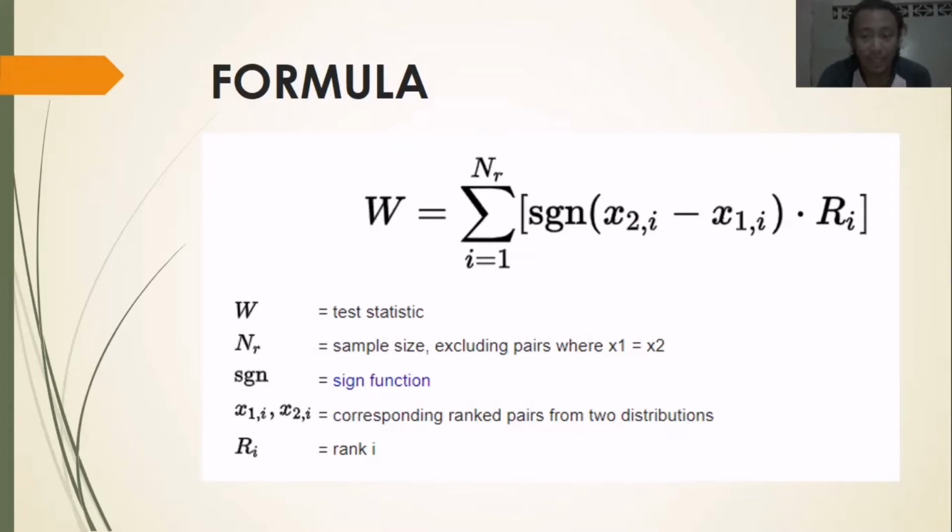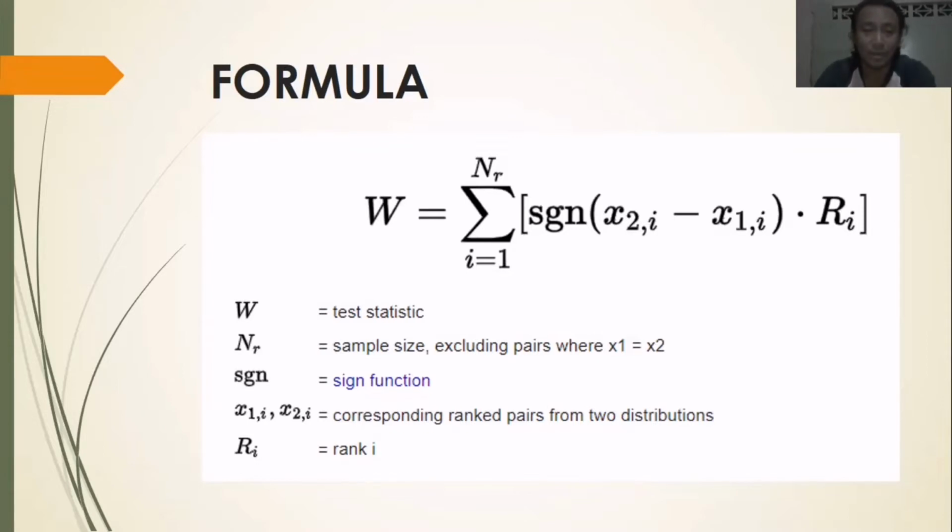And then we multiply it with its rank, so that we know if it is a negative rank or a positive rank. That is why it is called a signed rank, because we have a sign on the rank. So it could be a positive rank or a negative rank.